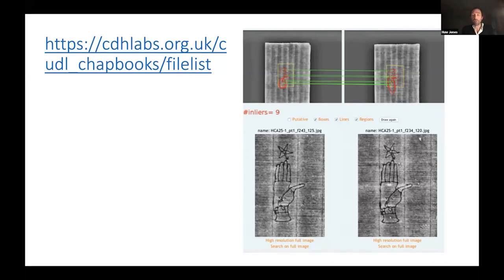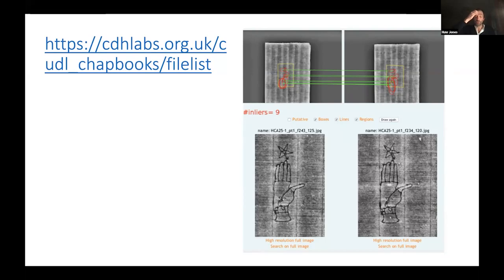If you give VISE 1,000 images of watermarks and you identify a watermark, it will give you the 100 watermarks which match that watermark. So then you have a cluster of 100 images which might come from paper which shares the same date, or at least comes from the same paper stock.